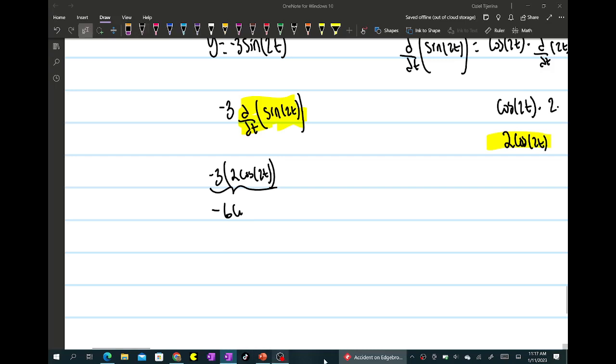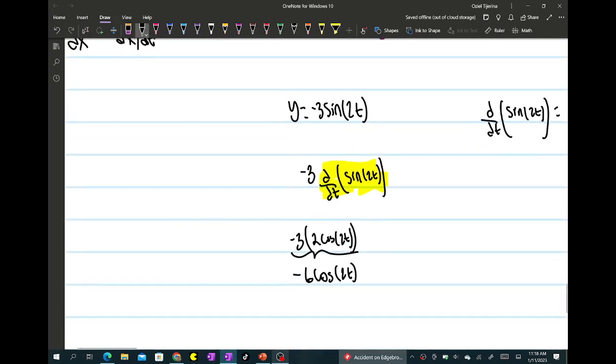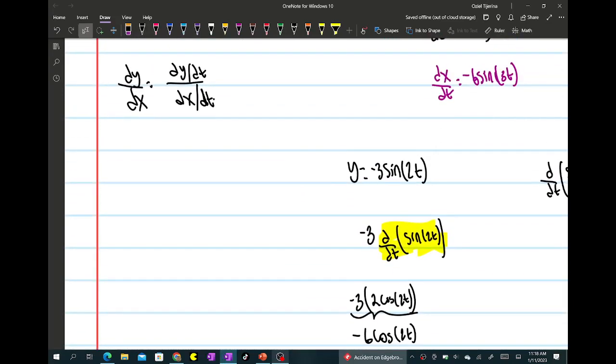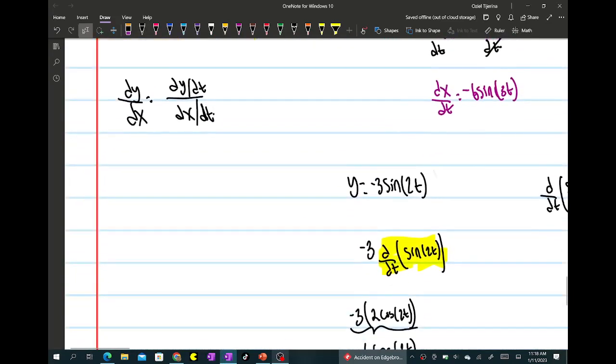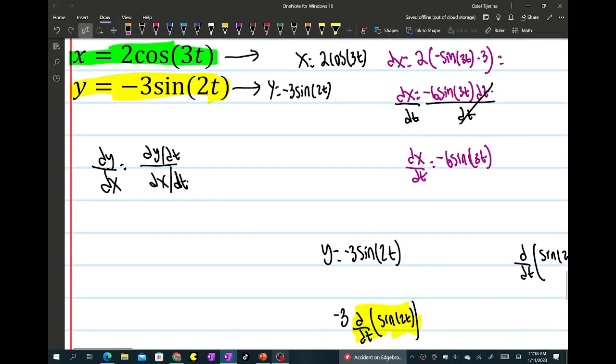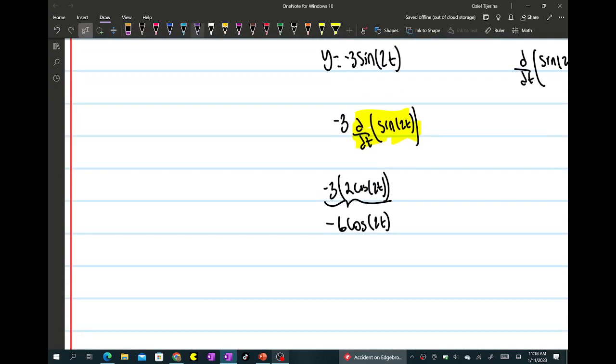Okay, so this would be -6 cosine of 2t, and that is what dy/dt is. So dy/dt is -6 cosine of 2t.